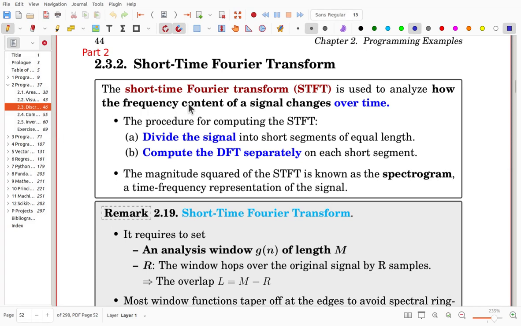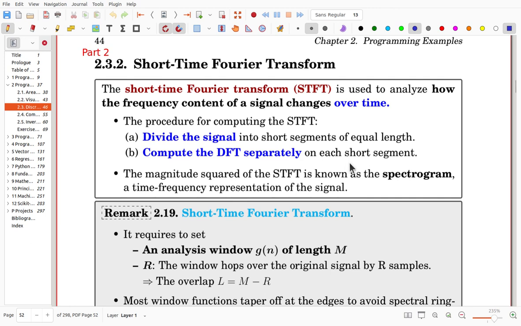The short-time Fourier transform is used to analyze how the frequency content of a signal changes over time. Here is the procedure for computing the STFT. First, we divide the signal into short segments of equal length, and then we compute the discrete Fourier transform separately on each short segment.